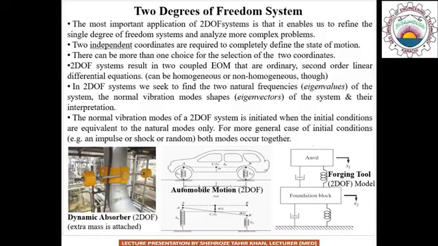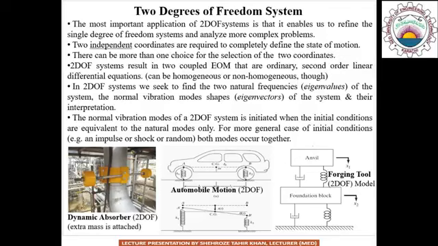Also, like single degree of freedom systems, we may calculate or find out two natural frequencies for 2 degree of freedom systems. In addition to it, the vibration mode shapes of the systems are also determined and interpreted in the form of results.